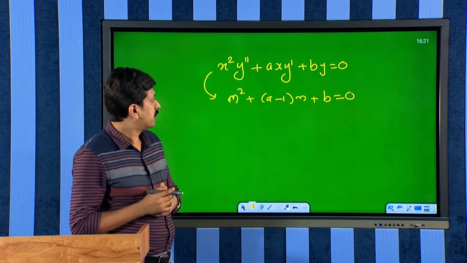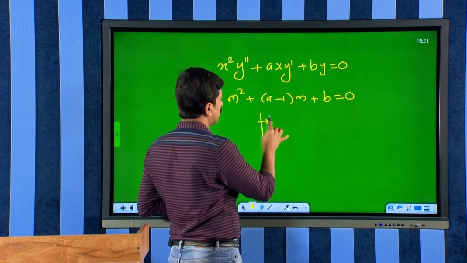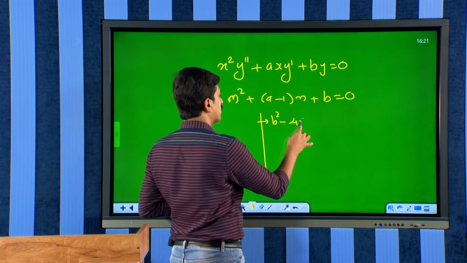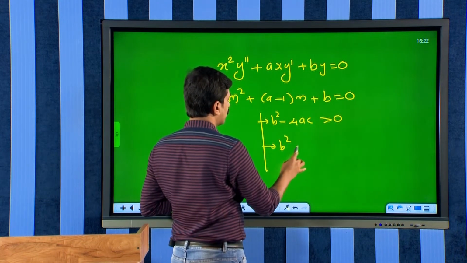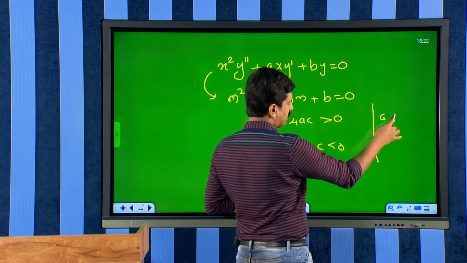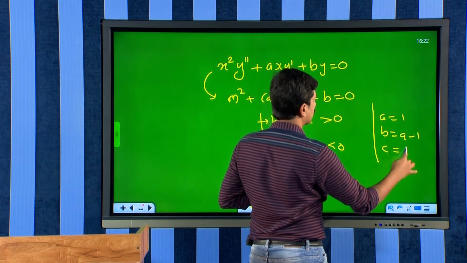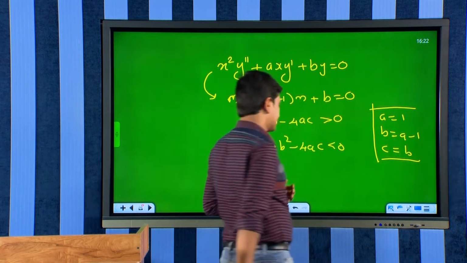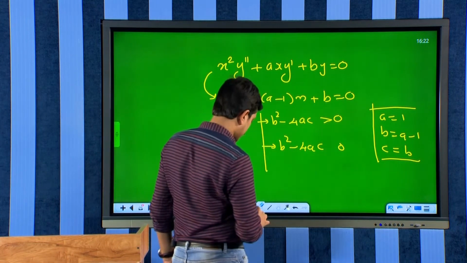Whose roots depend on b square minus 4ac greater than 0, equal to 0, or less than 0. Here a is equal to 1, b is equal to a minus 1, and c is equal to b, which we already discussed.